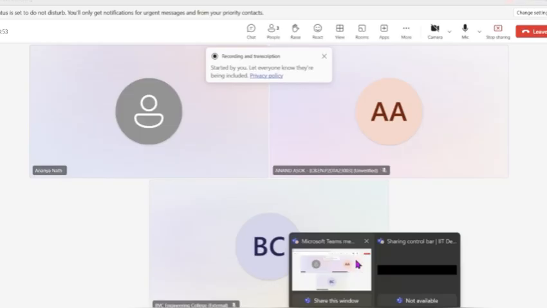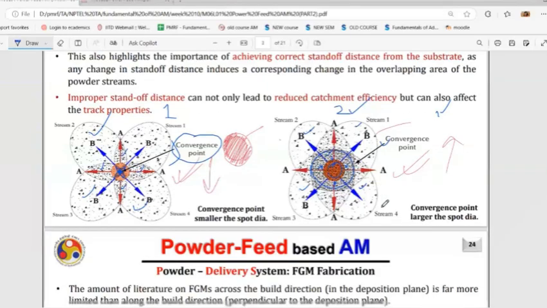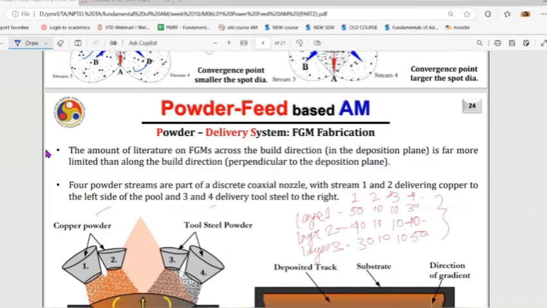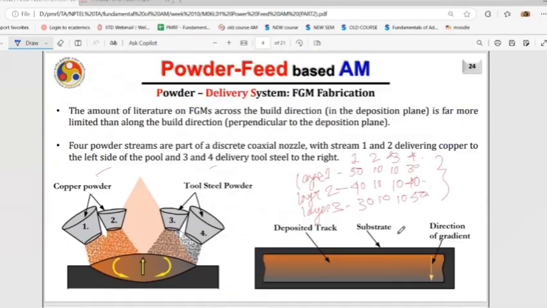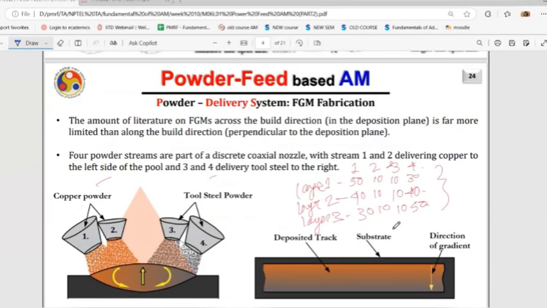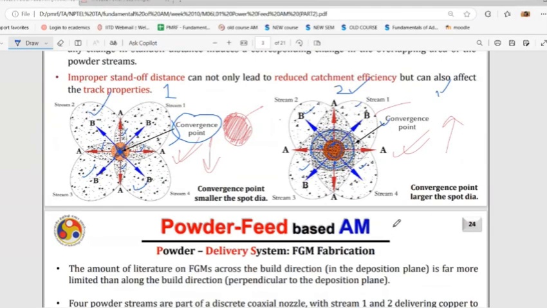Yes. This is the concept by which we can see how important it is to tightly focus the powder streams at a particular spot to get higher deposition. And also, as you mentioned, whether the laser focus spot diameter is larger or not. There are settings in the laser lenses.